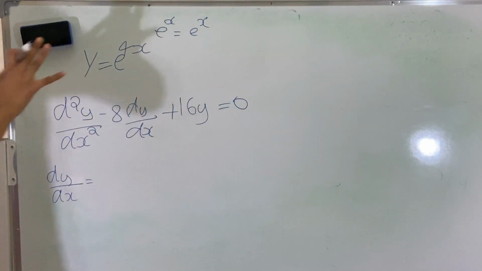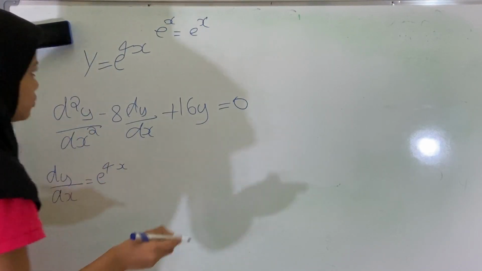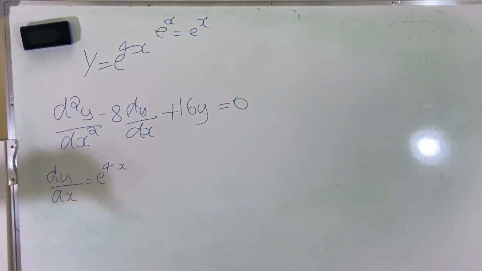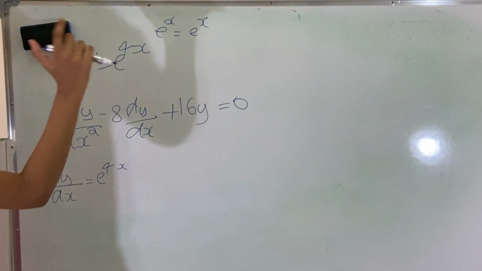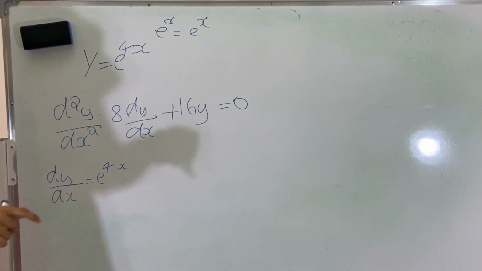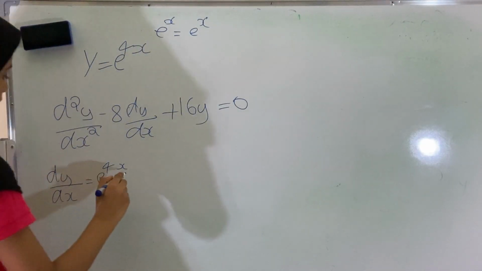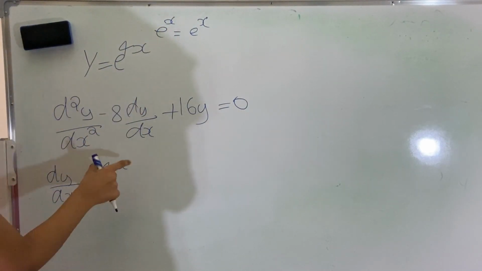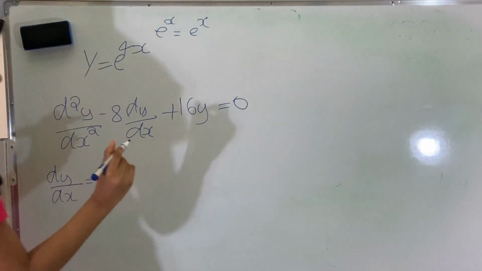But here we have something else instead of x, which is 4x, so you have to multiply by the derivative of 4x. The derivative of 4x is going to be 4.